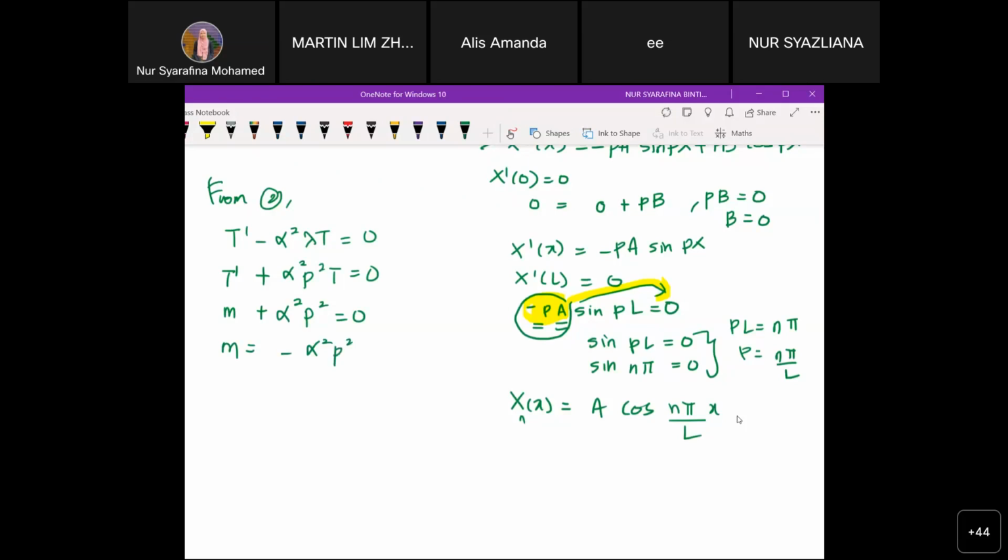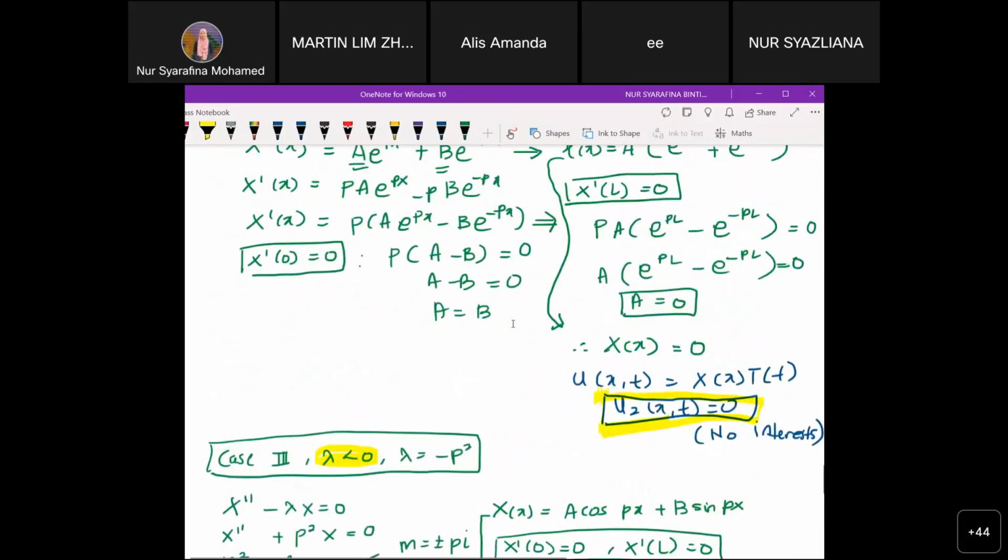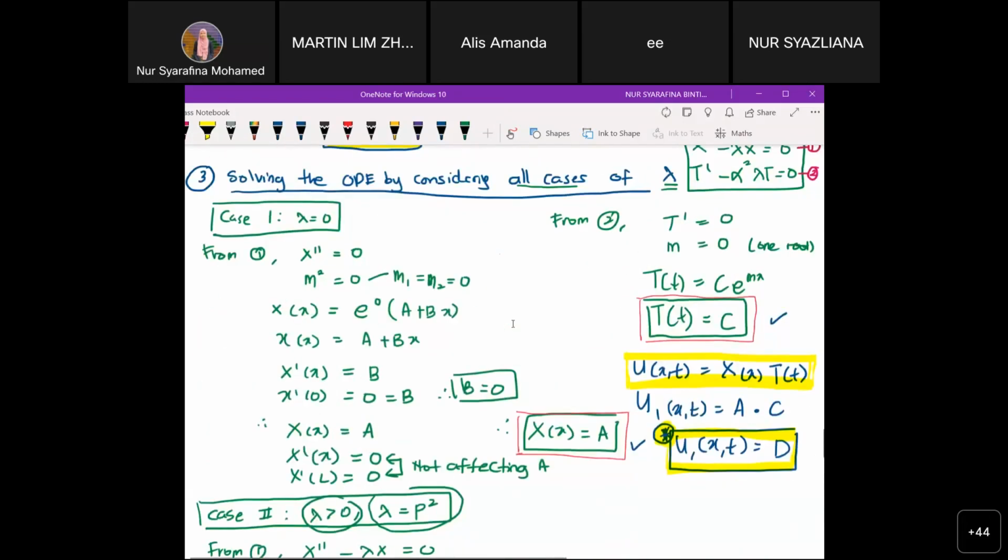It will give you one root, T equals e exponent negative alpha squared p squared t.